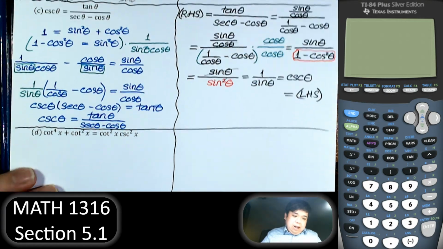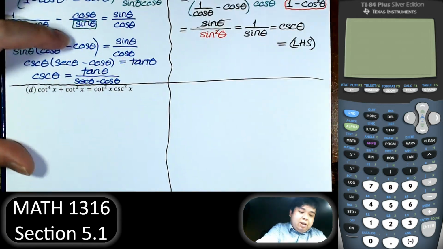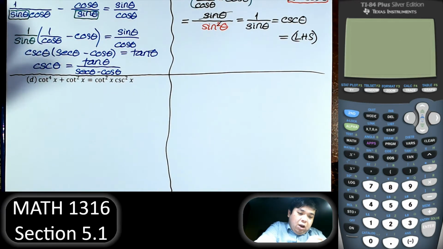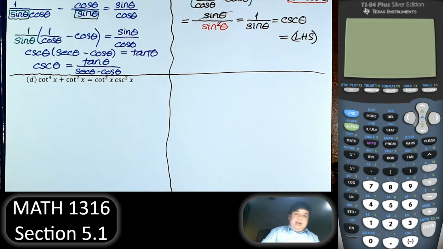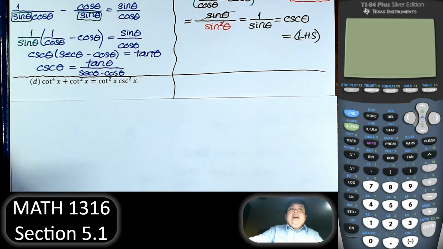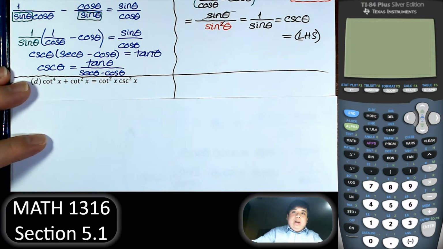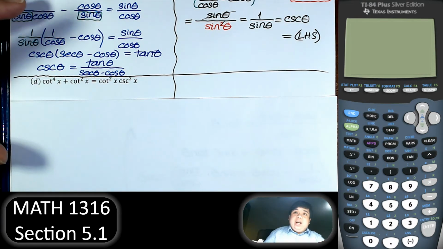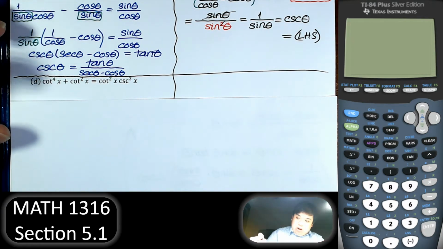Next, I'll try to prove this. And the question is, which one is more simplifying? That might be a problem when both sides are equally complicated and we don't know where we start.